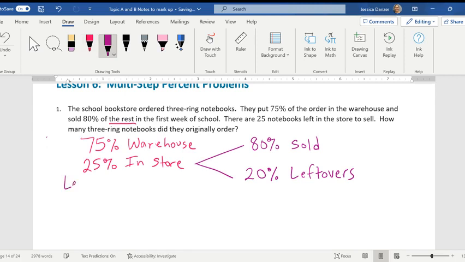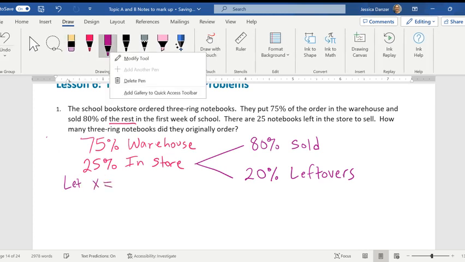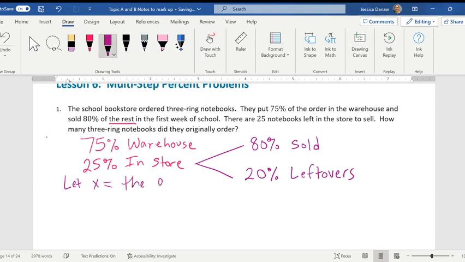Over here, let's write a let statement. Let X equal the amount of notebooks originally in the store.